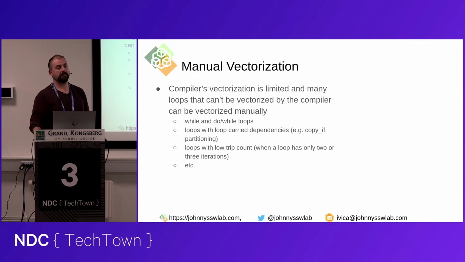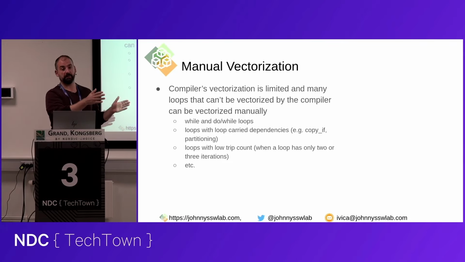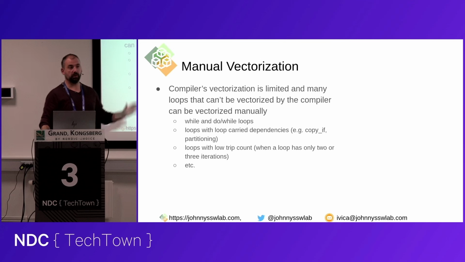So alignment nowadays is not that big of a problem, in my experience. When you say alignment, it can mean two things. It can be vector size alignment, which is, for example, 256 bits on AVX, or natural alignment, like a float being 4-byte aligned, or it can be 1-byte aligned.